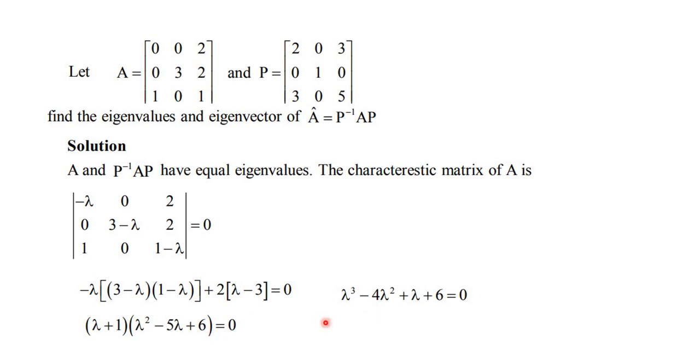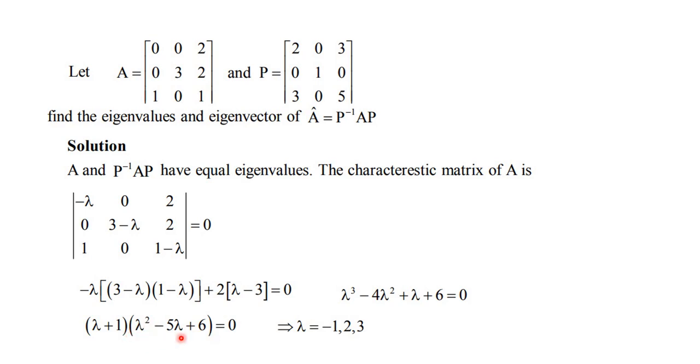And this is a cubic equation. We have 3 values for lambda, and this equation is the same as lambda plus 1 into lambda square minus 5 lambda plus 6 equal to 0. Since lambda equal to minus 1 is a root here, lambda plus 1 is a factor. Then we divide lambda cube minus 4 lambda square plus lambda plus 6 by lambda plus 1 and get lambda square minus 5 lambda plus 6.